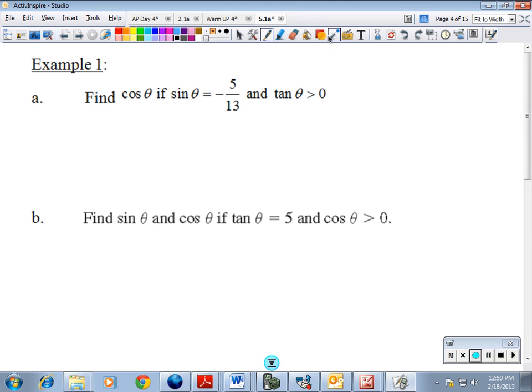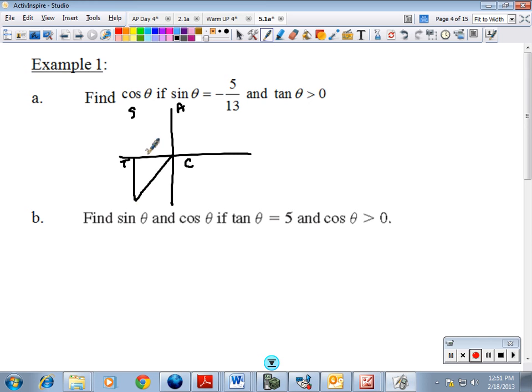It says find cosine of theta if sine theta equals negative 5 over 13 and tan is greater than 0. Well, sine is negative, but tan is positive. So where is sine negative but tan positive? That's here.